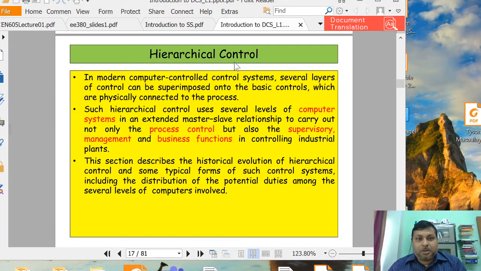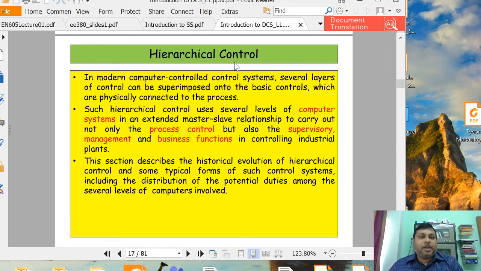In a modern computer control system, several layers of control can be superimposed onto the basic controls which are physically connected to the process. We have understood that in level 0 of the automation pyramid, the sensors and actuators directly communicate with the process, and the information passes to the next level, level 1, where the basic controls are.